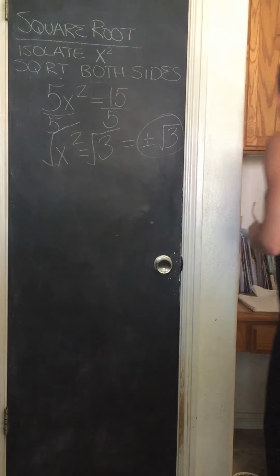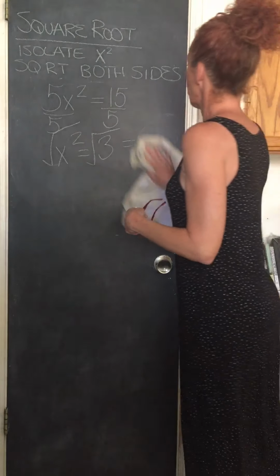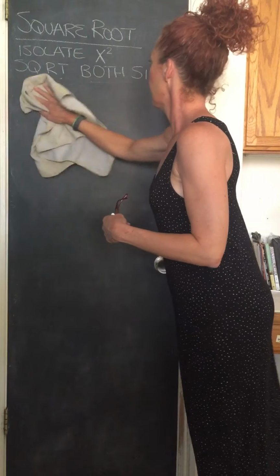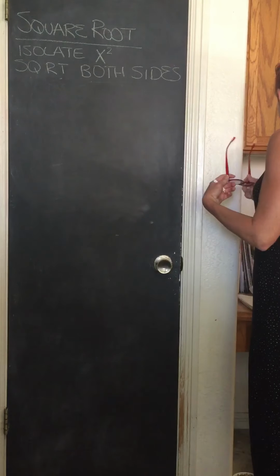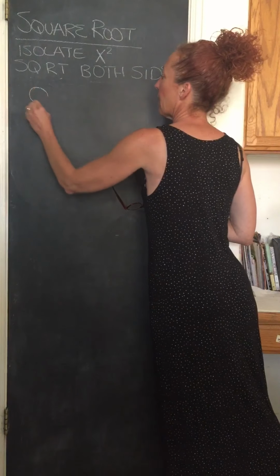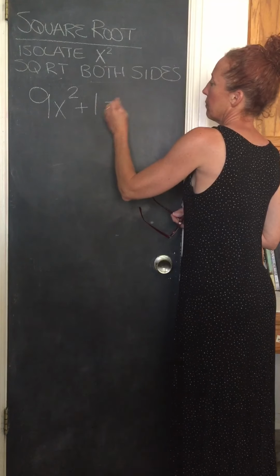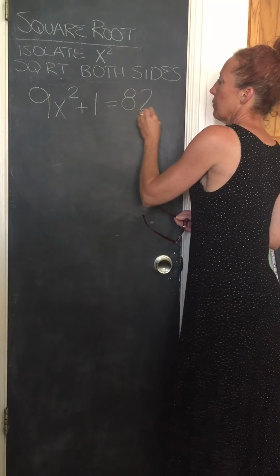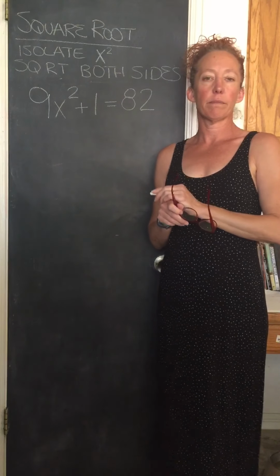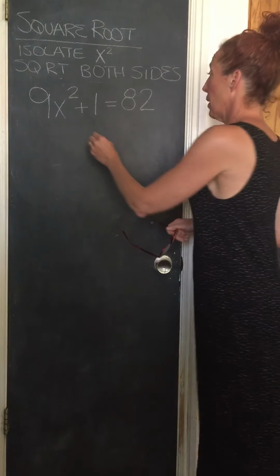What happens if we have an add or subtract involved? Well, we can look at something like maybe something like that. So now we have to move the 1 over.